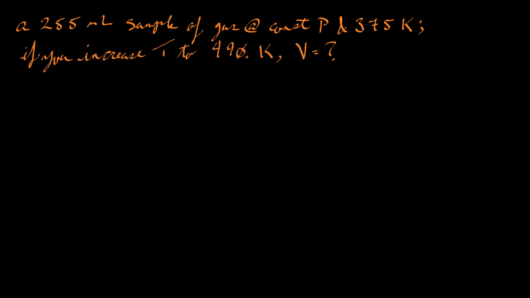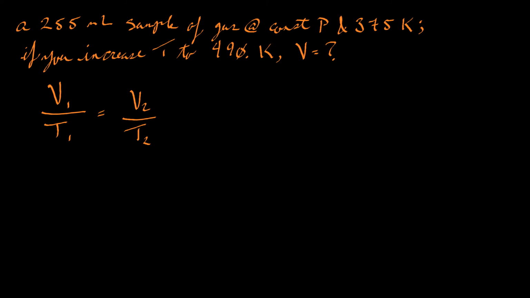Now, if you were to increase the temperature of that sample to 490 Kelvin, what would happen to your volume? Now, let's go ahead and rewrite this in terms of the mathematical equation, Charles's law, Gay-Lussac's law, V1 over T1 equals V2 over T2. So, looking at our problem, we see that we're going from 375 Kelvin to 490 Kelvin.